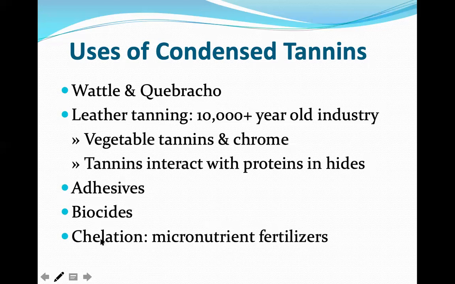As tannin can chelate micronutrients, tannins are used for the retention of the fertilizer in the soil and rhizosphere for a longer time. So it increases the efficacy of the fertilizer by letting it stay longer in the rhizosphere. Mineral flotation is another use of condensed tannin.